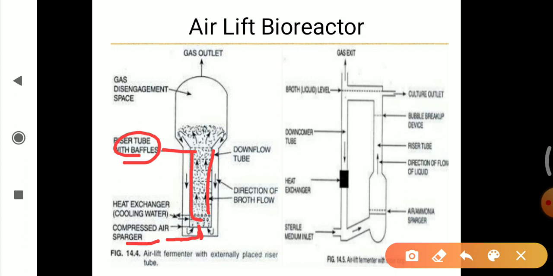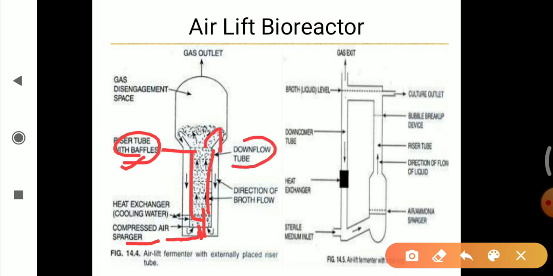Air will be introduced from the sparger inside the riser tube. Due to the air introduced in the riser region, it will produce a density difference between the riser region and the downflow region.